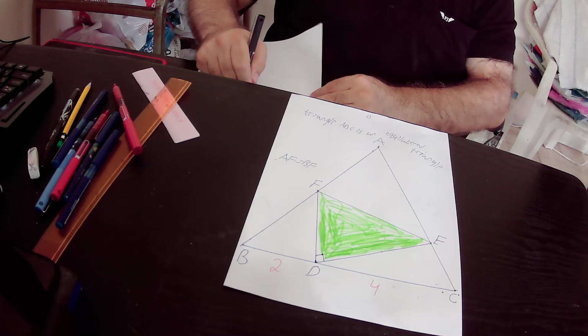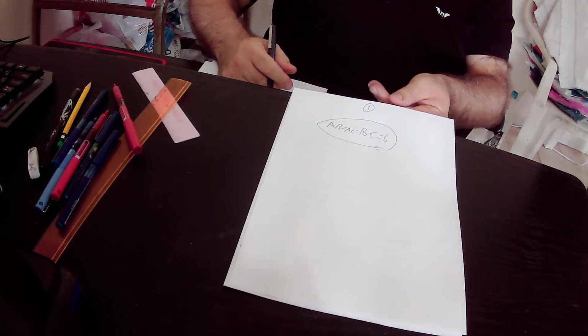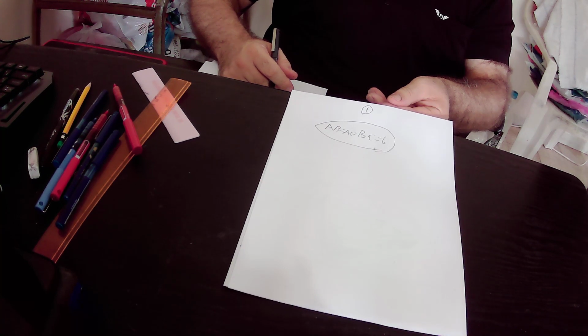So we know that all the sides of our equilateral triangle ABC are equal to 6 units.